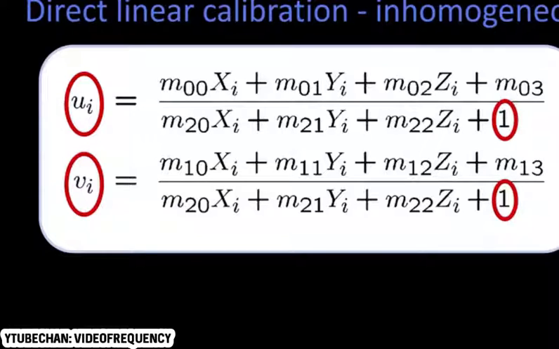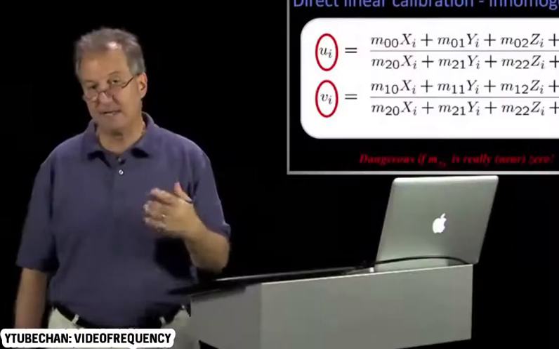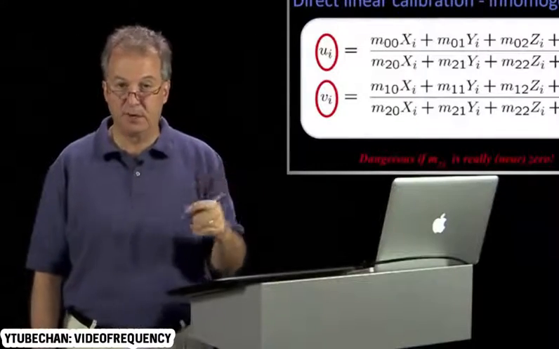That's why this is referred to as the inhomogeneous solution. And one of the reasons this is not as good is suppose the original M23 was supposed to be much, much smaller than the other values, that is, close to 0 compared to the others. Well, you've just set a number that was supposed to be really close to 0 to 1. That's dangerous with respect to numerical stability.